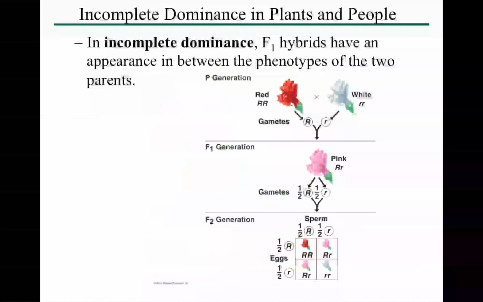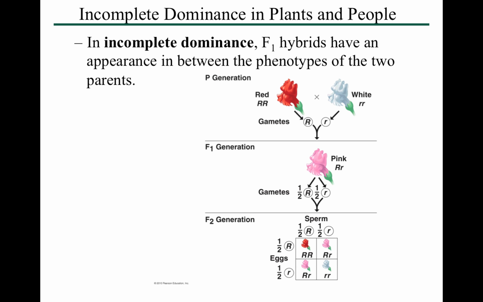This picture is just another picture showing you the same thing. You got the P generation. You have the gametes that those two plants can make. Put together, they create pink because the dominant R needs 2 copies to fully express the red color.